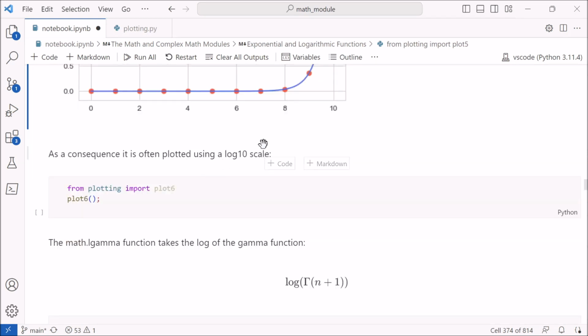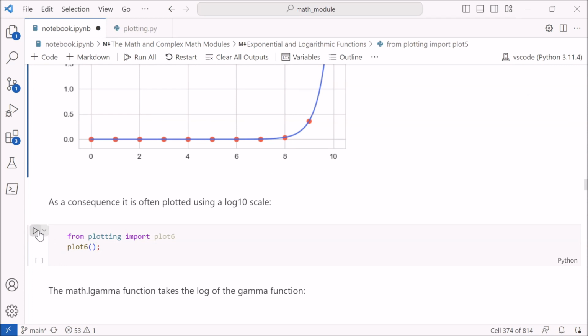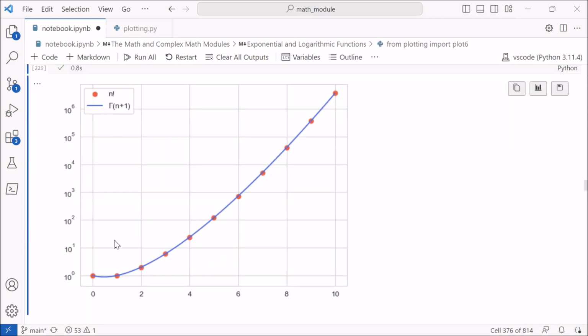So as a consequence, it's often useful to plot such large numbers on a log scale. And notice when you do so, you can see the changes of the small numbers. So this is 10 to the 0, which is 1, 10 to the 1, which is 10, 10 to the 2 is 100, 10 to the 3 is 1,000, 10 to the 4 is 10,000, and so on.